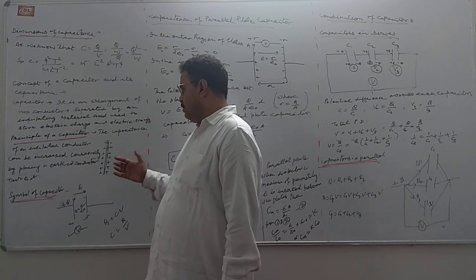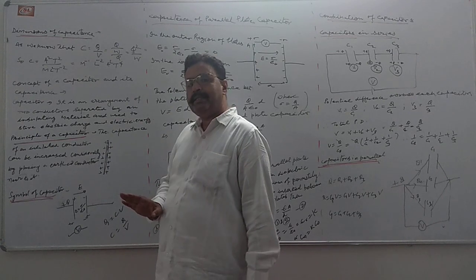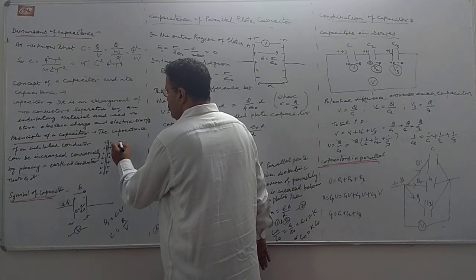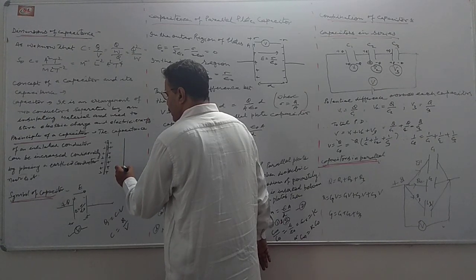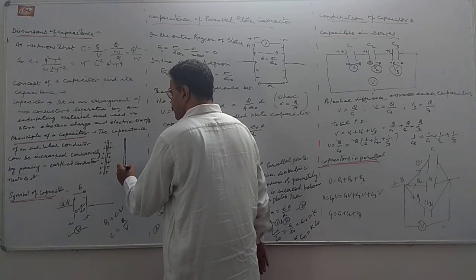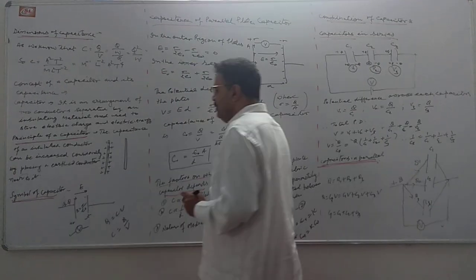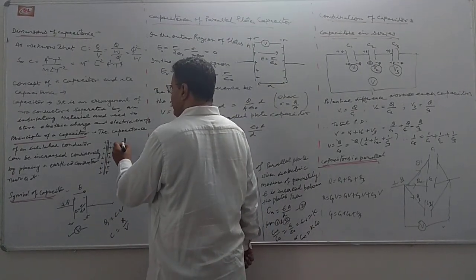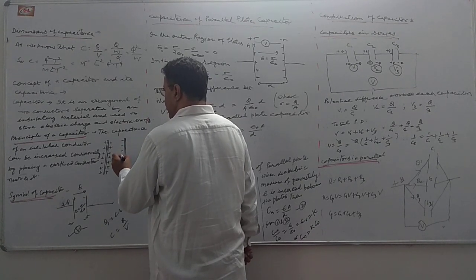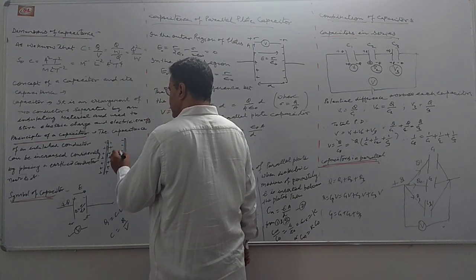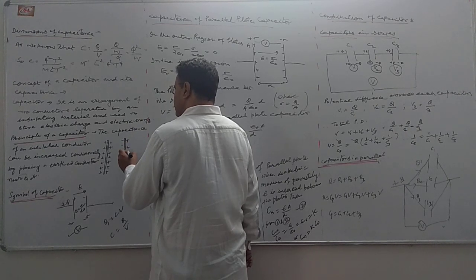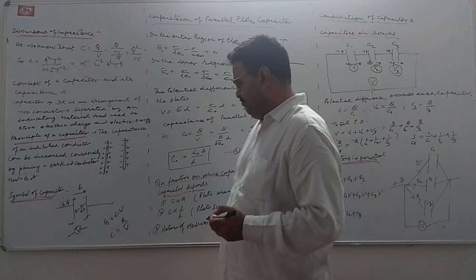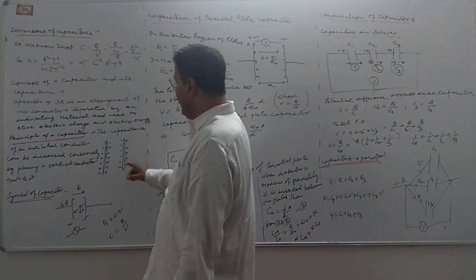So now we stop giving charge to this conductor. To increase its capacitance, we take another insulated conductor and place it parallel and near to it. When we put this conductor near the given conductor, due to induction negative charge is created on the inner side of this conducting plate and positive charge on the outside.